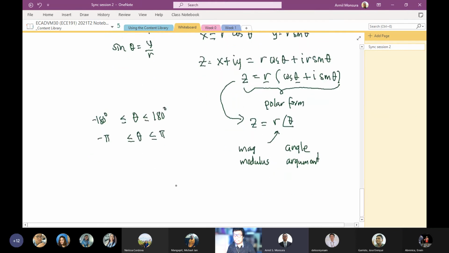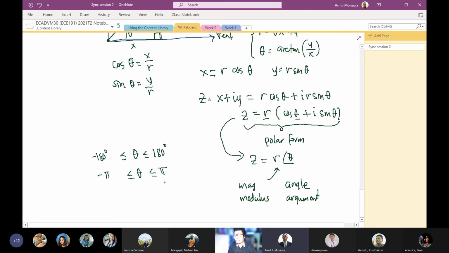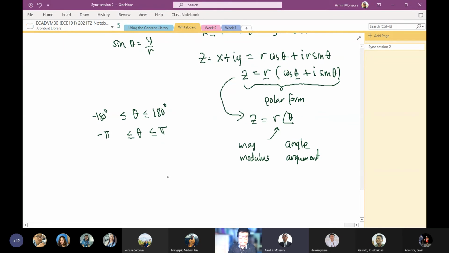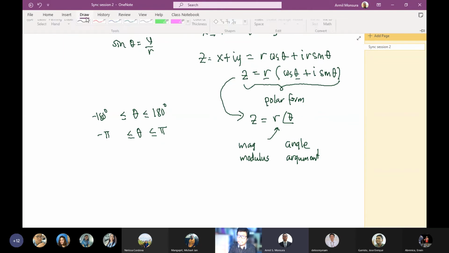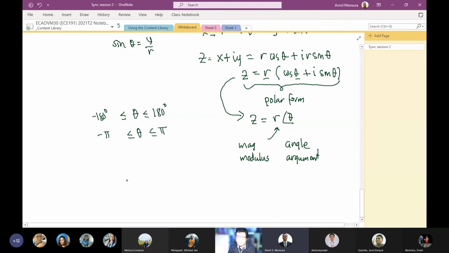So, which means ganito. Yung measurement ng theta ninyo, tandaan nyo ha, the measurement of your theta would always originate from the positive x-axis. Okay? Or the positive real axis, to be more precise.